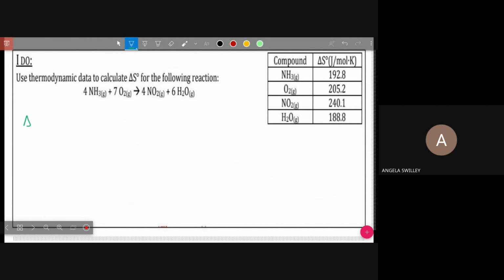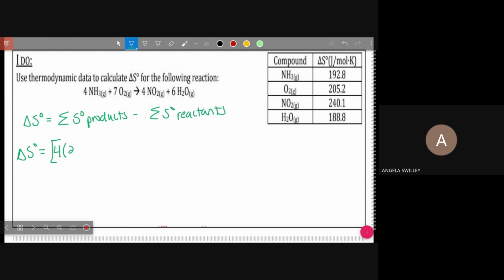First of all, we've got to remember that delta S equals the sum of the entropies of the products minus the sum of the entropies of the reactants. So we're going to plug in numbers. We have 4 NO2, so I say 4 times NO2, and I need to do a bracket on the outside since we're using parentheses on the inside.